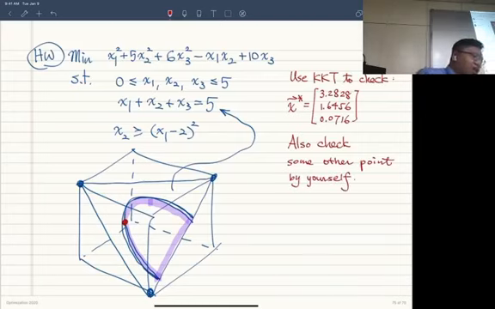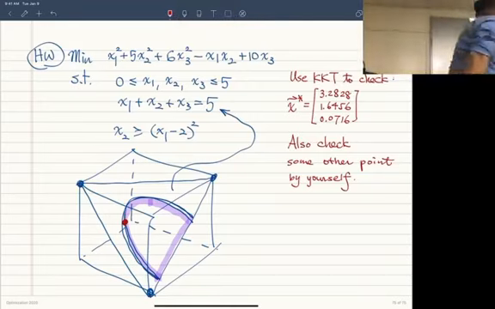But remember, when you try to use KKT condition, the variable upper bound and lower bound are also considered as inequality constraints. So there are already 6 inequality constraints. This is only one, this is the 7th. So there are totally 7 inequality constraints and 1 equality. So you need to follow what we introduced earlier.